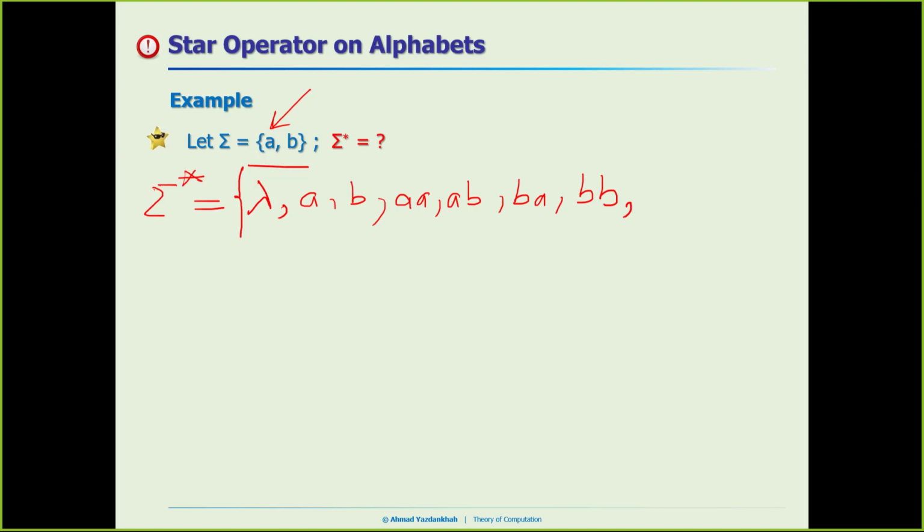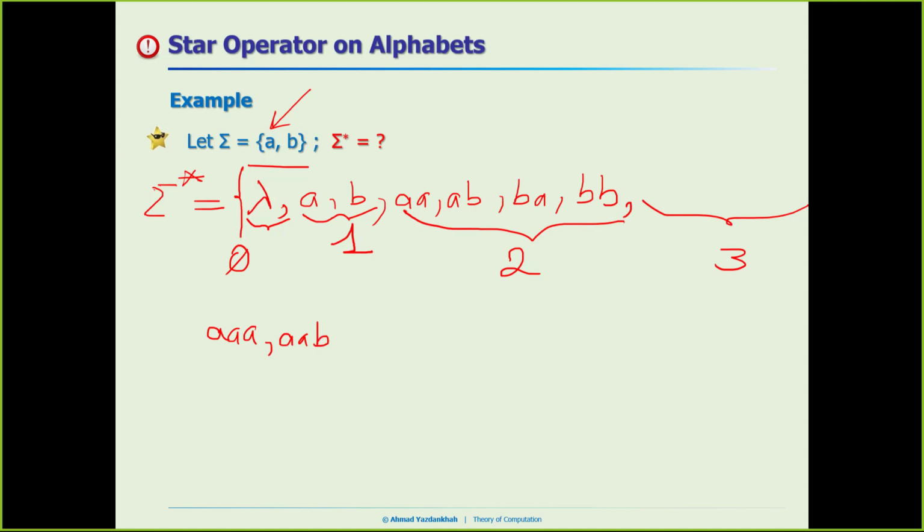So up to this point, two concatenations, one concatenation, and zero concatenation. Now we need three concatenations. So how many strings can you create with A and B? A, B, A, B, A, and so forth, yeah?